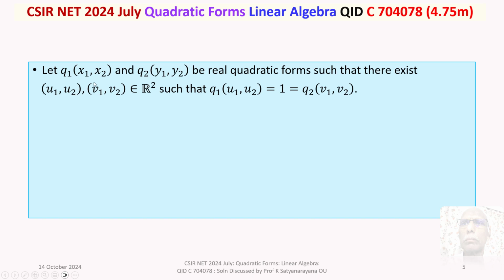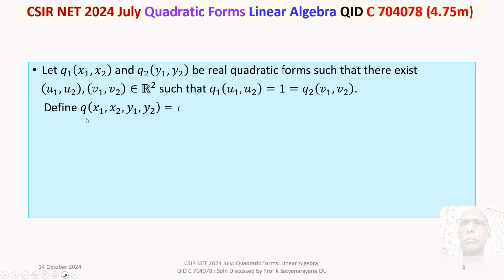We are given two quadratic forms Q1 and Q2, and it is further given that Q1 of (u1, u2) equals Q2 of (v1, v2) equals 1 at these two ordered pairs.